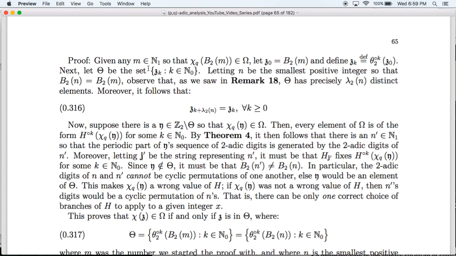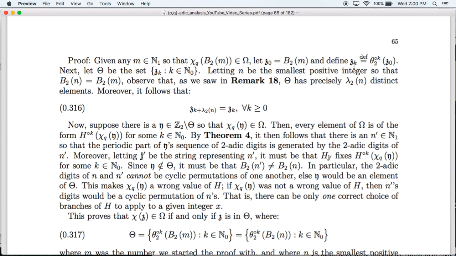The reason for this is that m's sequence of two adic digits might be a periodic sequence made up of, say, 0, 1, 0, 1 repeated 3 times, in which case our n here would be 0, 1, 0, 1, which is 10 in base 10. And then of course that has 4 digits, which is lambda 2 of 10.